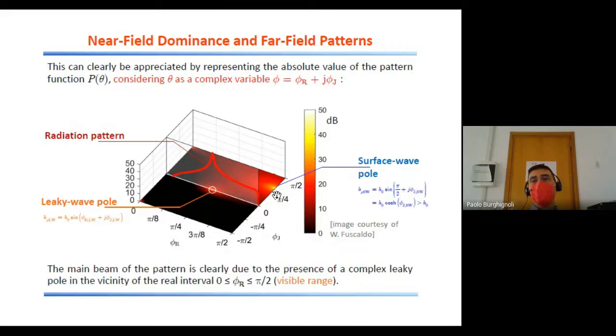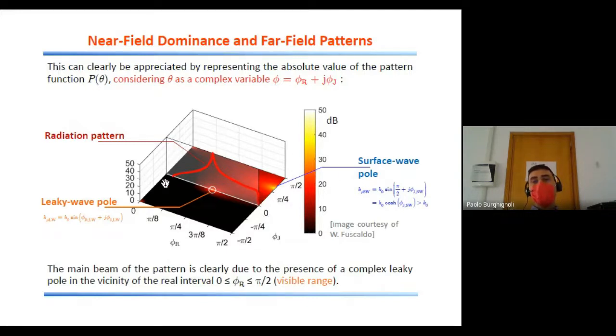Now, since this pole is far removed from the real axis, that is from the visible range, it does not affect much, or does not affect at all, the shape of the radiation pattern. Whereas the leaky wave, even though it is improper, so it is located on the bottom Riemann sheet, is very close on the Riemann surface to the real axis. So it determines the presence of a huge peak or spike in the integrand.